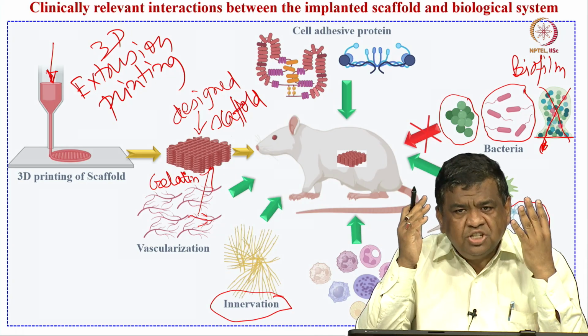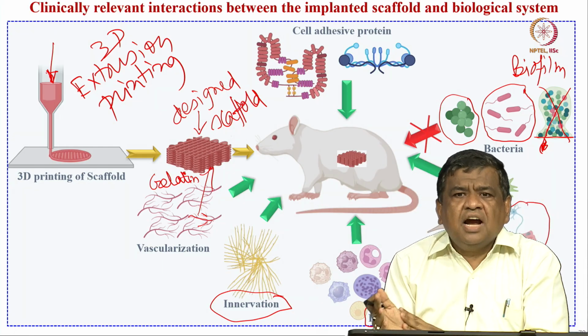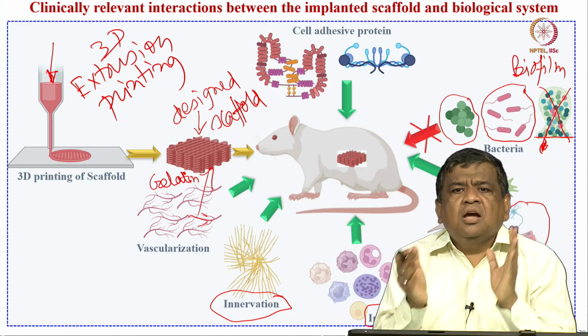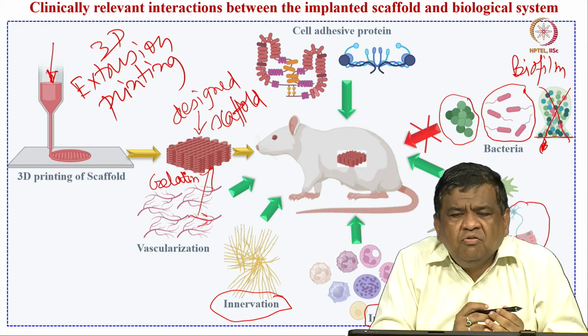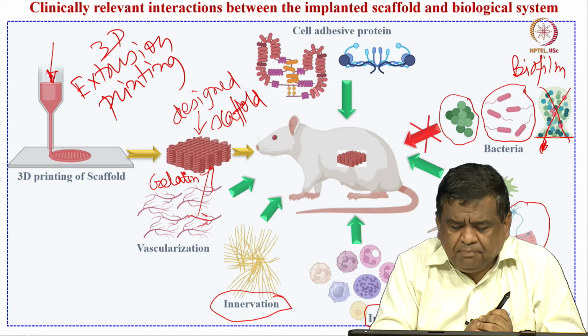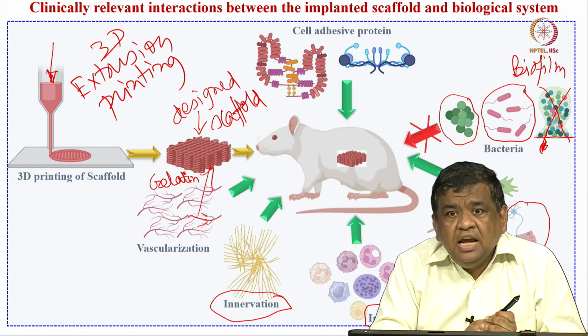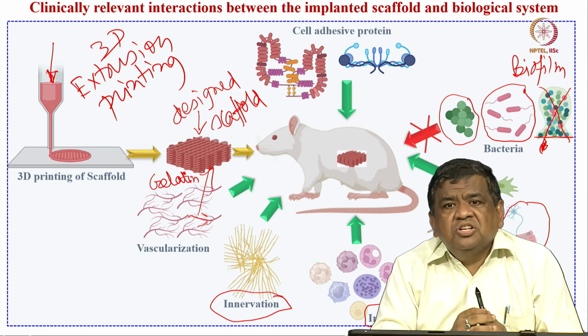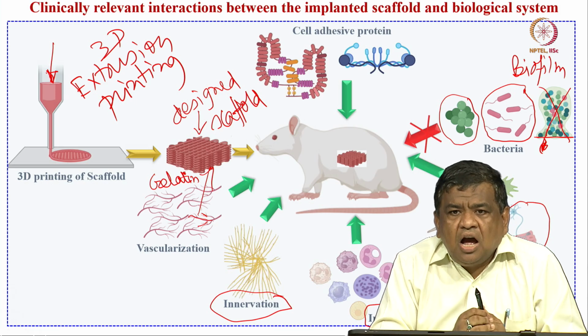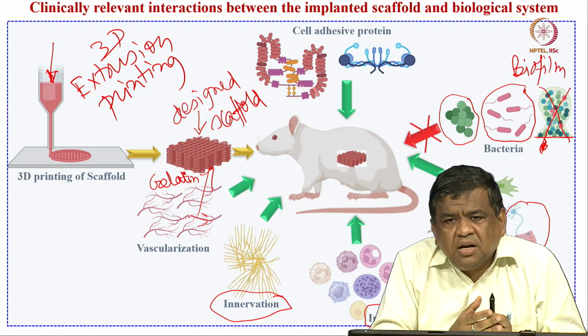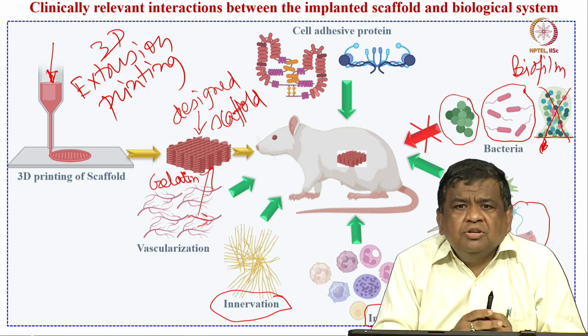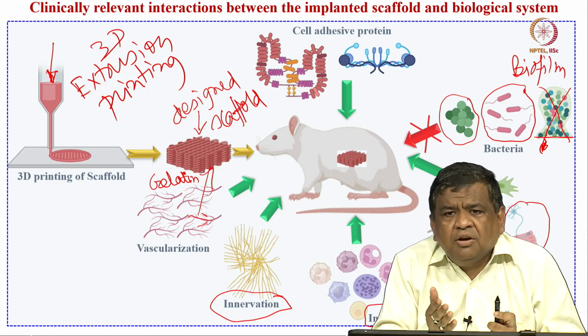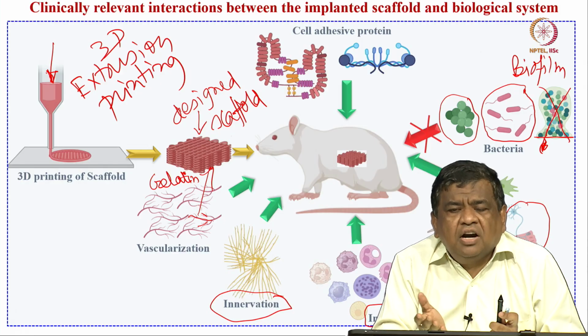It is something fabricated outside the animal body using one of the manufacturing techniques called 3D extrusion printing. So, we have to see how these different inflammatory cells react to these scaffolds, what the inflammatory response is, and how that will subside over time.